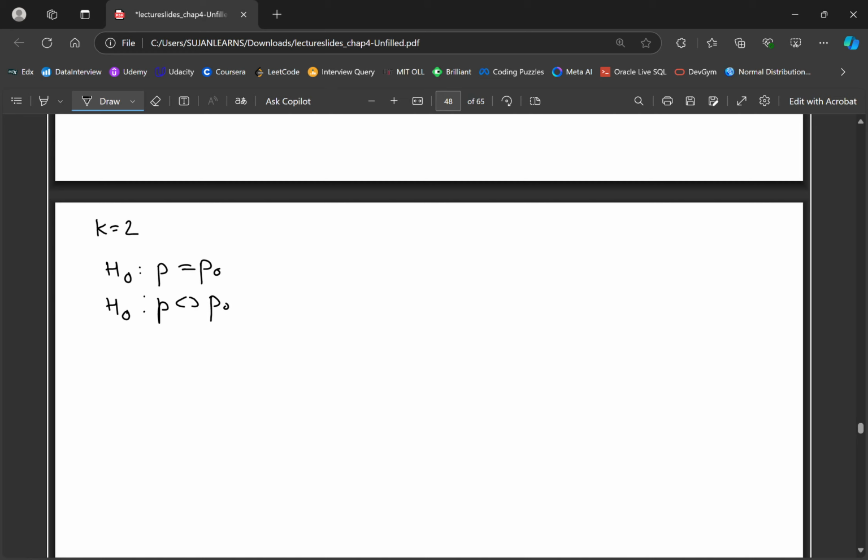Now for this we need a test statistic. Can you tell me what the test statistic would look like for a chi-square test when k is equal to 2? Just think about it.